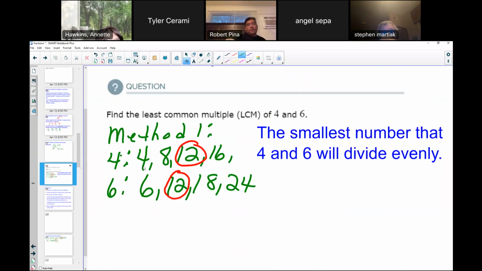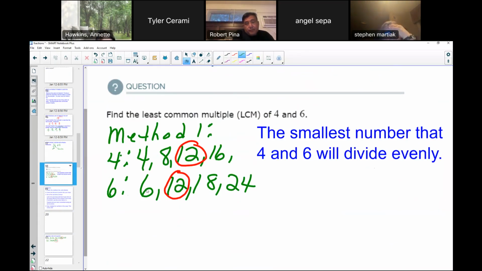So we want to find the least common multiple of 4 and 6. Now, what does that mean? We want the smallest number that 4 and 6 will divide evenly. The smallest number that 4 and 6 will divide evenly. So how do we do that? Well, method 1 is take 4 and keep adding 4s to it. 4, 8, 12, 16.